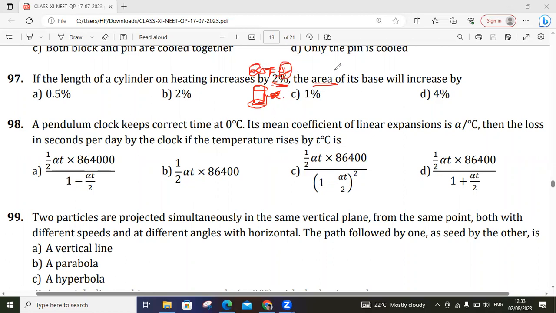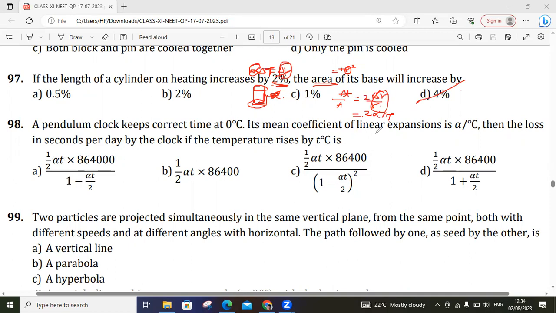So area is pi r square. So radius is again a one dimensional quantity. So delta A by A will be 2 delta R by R. 2 delta R by R is alpha delta T, which is again delta L by L only almost. So 2 into that is 4. 2 into 2%, or 4% is the answer.